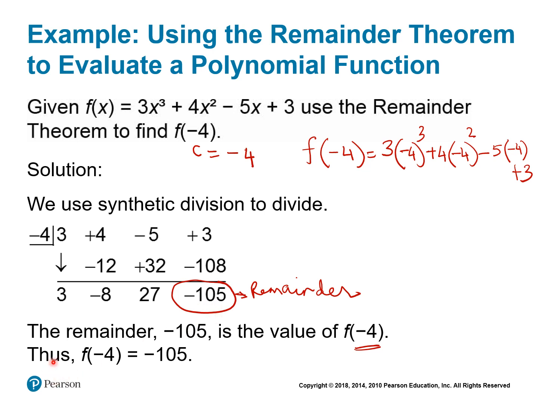So f of negative 4 equals negative 105, applying the remainder theorem.